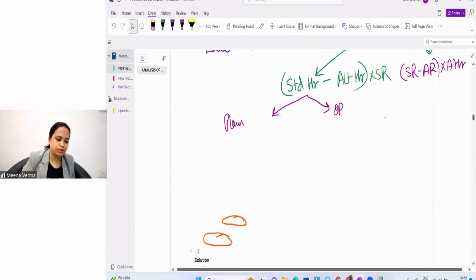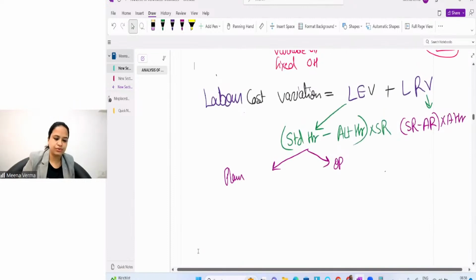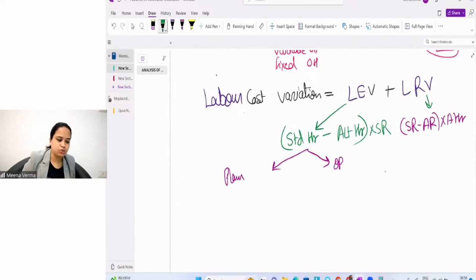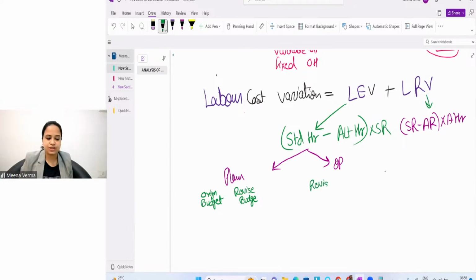So how will we do it? More in detail, how will we fix it? So planning variation, you know. What is planning variation? We know it is the original budget minus what? Revised budget. Original budget minus revised budget. And operational variation, you know that revised budget and actual budget.